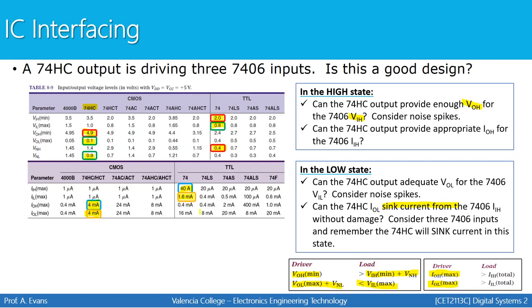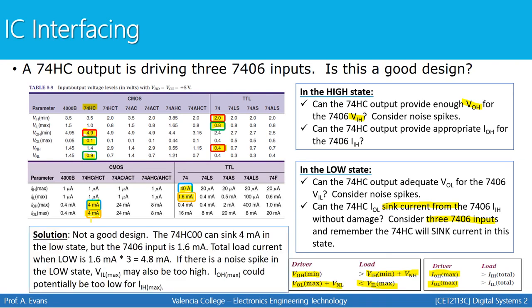Keep in mind, we have 3 7406 inputs. So we have 3 times 1.6 milliamps. That will be sunk back to our CMOS driver in the low state. That's our third issue. 3 times 1.6 is going to be higher than 4 milliamps. That's going to be too much current.